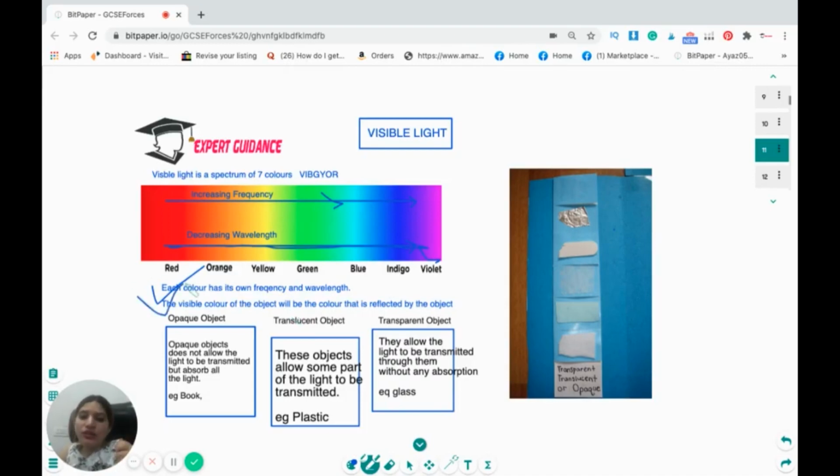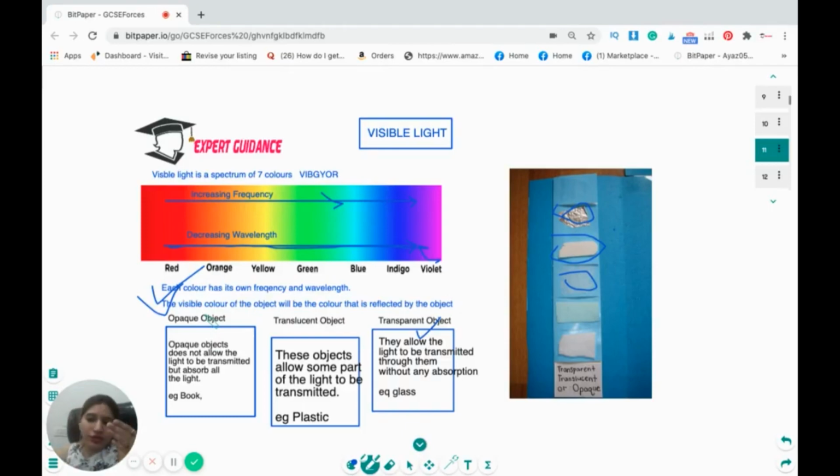Now, depending on whether light can pass through an object or not, we have 3 categories: opaque objects, translucent objects, and transparent objects. So you can see here, this looks like an opaque object. This looks like a slightly translucent object. An opaque object does not allow the light to be transmitted, but absorbs the light. For example, a book.